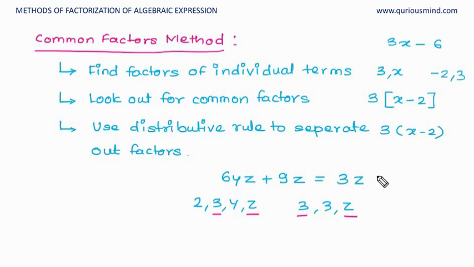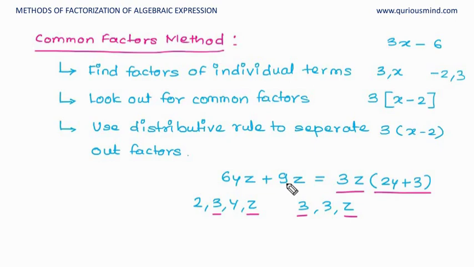And then inside the bracket, what we have is 2y, and here plus 3. And thus we have got two factors, 3z and 2y plus 3. So this is the way we use the common factors method to factorize an algebraic expression.